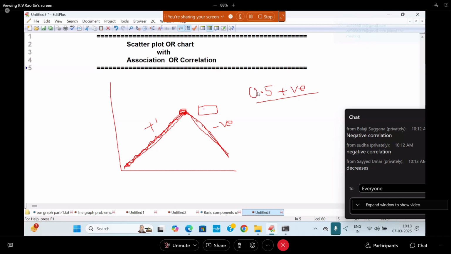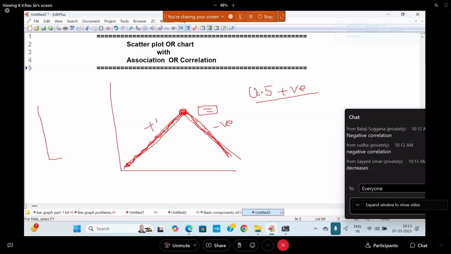Some dumping yard is kept over there by the municipality. Then nobody is buying the land there, so it falls down from that point onwards. It is known as what? 0.5 positive correlation. At a certain point of time increasing, later falling down. By seeing the diagram, you have to say whether it is positive correlation or negative correlation.